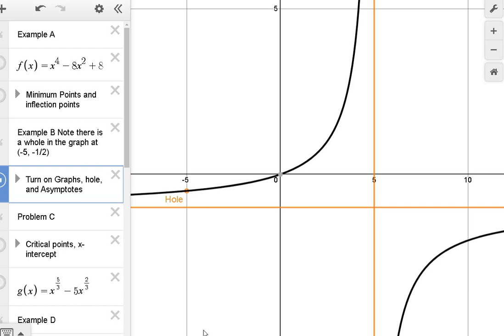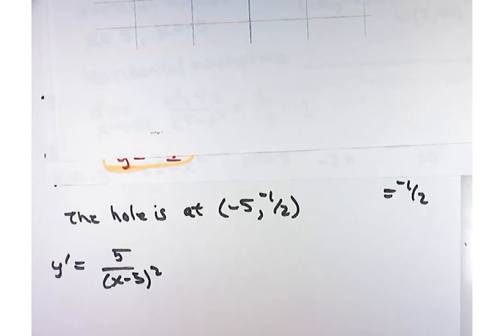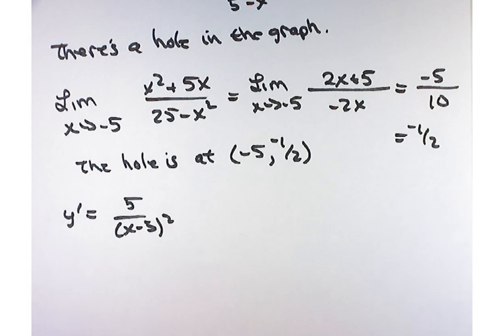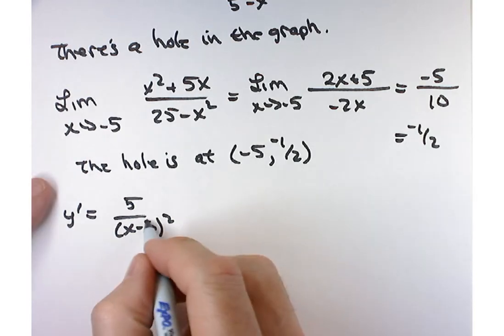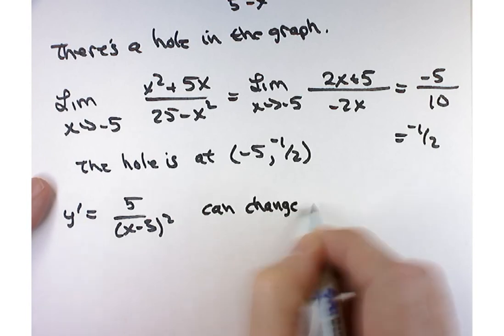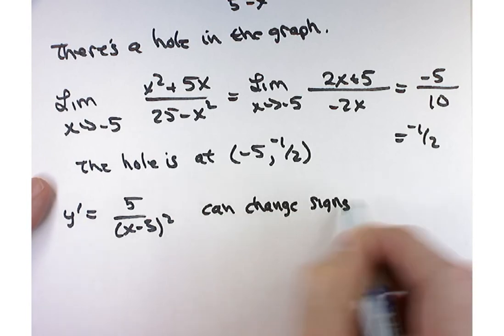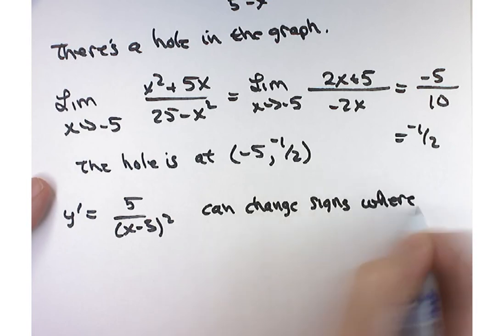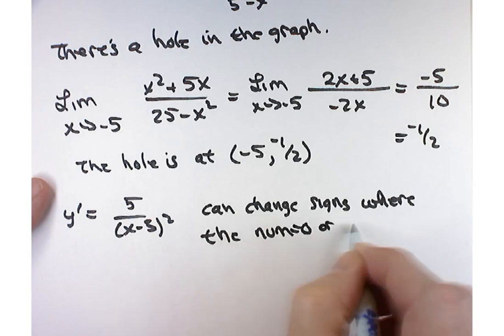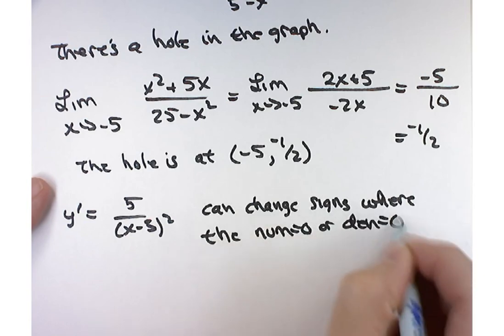All right, let me switch over here. I need to know where this can change signs. This can change signs where the numerator equals 0 or the denominator equals 0.